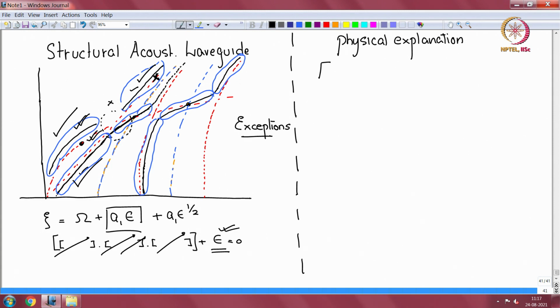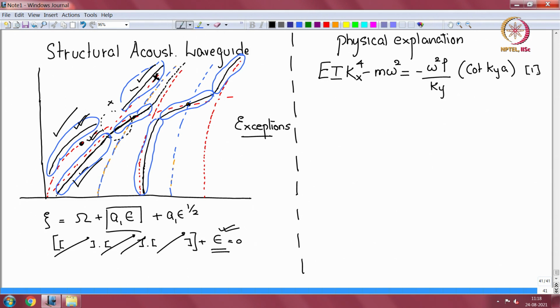I have EI kx to the power 4 minus m omega square is equal to minus omega square rho by ky into cot kya. We will give this a number 1.